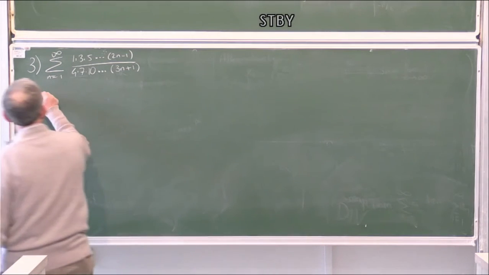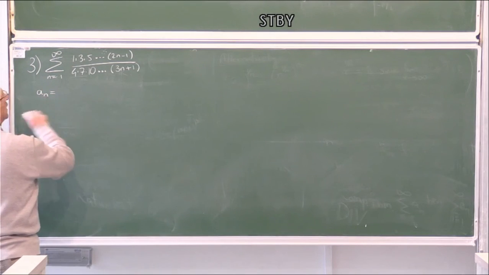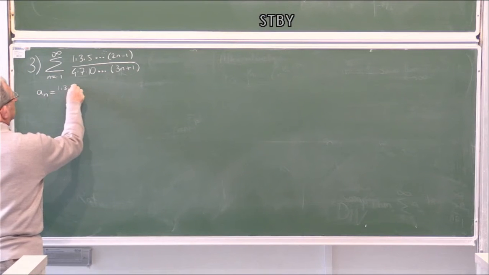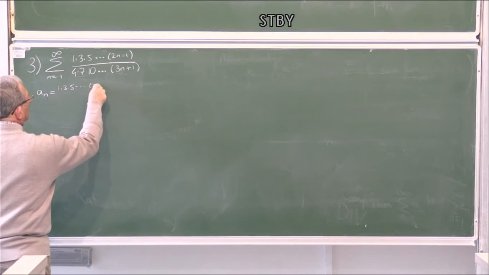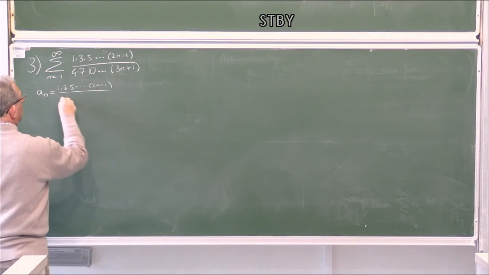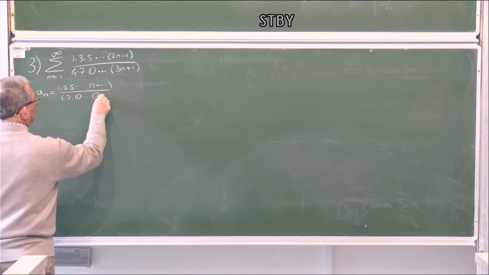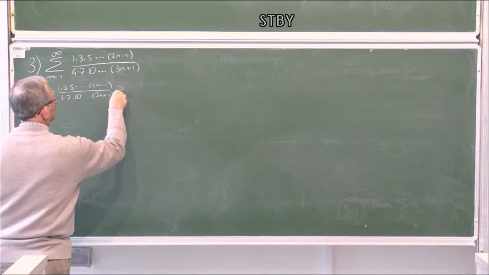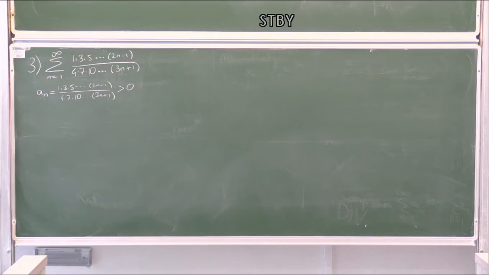We have some observations in the first place. a_n is the product, so it is positive all the time. But before I proceed, let us see what we will understand from this.